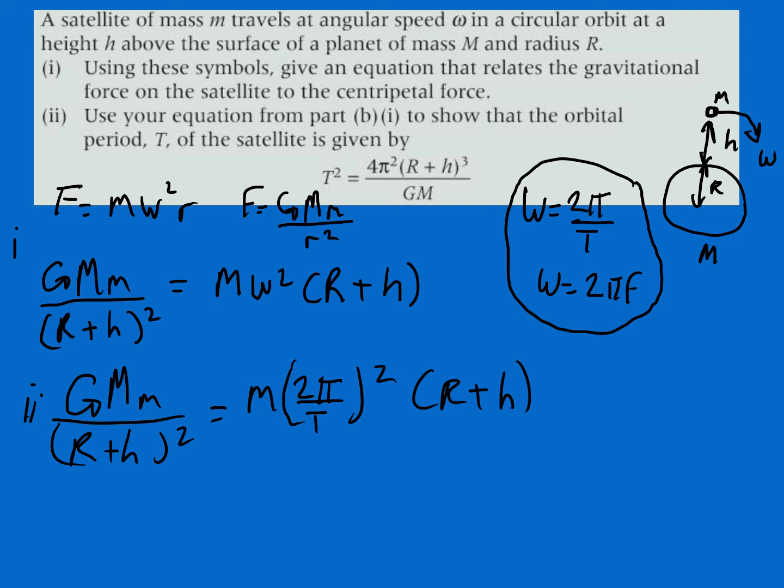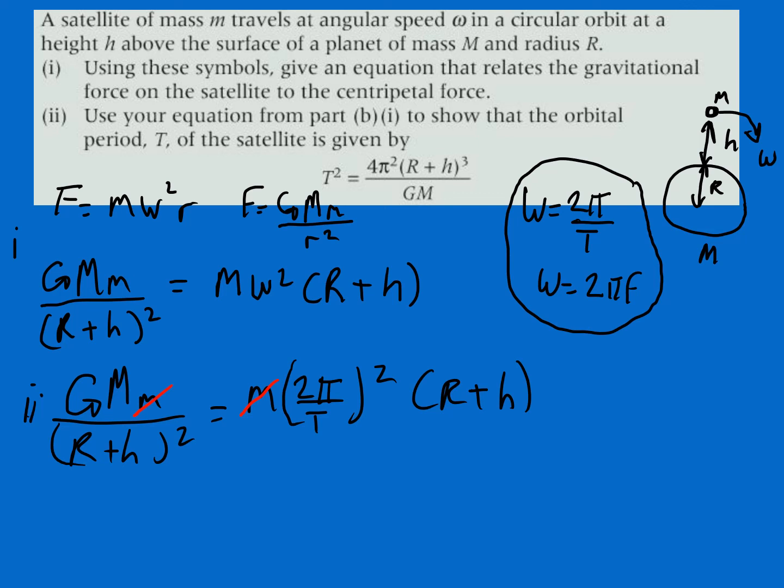For the first bit, we can cancel out lowercase m, the mass of the satellite, so those will cancel out. Then, if we square that 2 pi over T, our next step would be this.